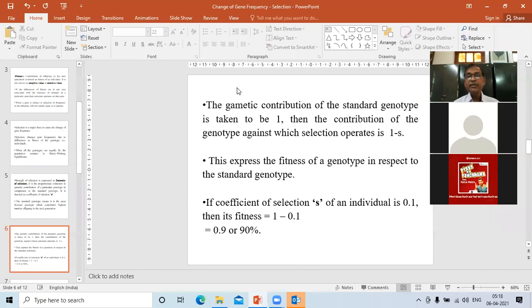It means if the standard genotype produces 100 zygotes for the next generation, the genotype against which selection operates, whose coefficient of selection S is 0.1, will contribute 90 zygotes in place of the 100 zygotes. Clear?